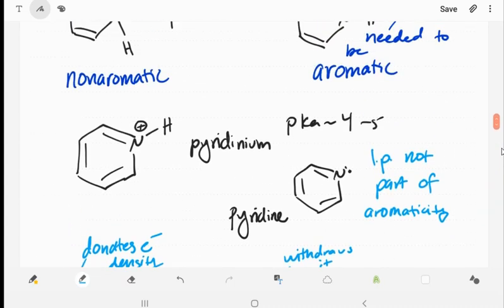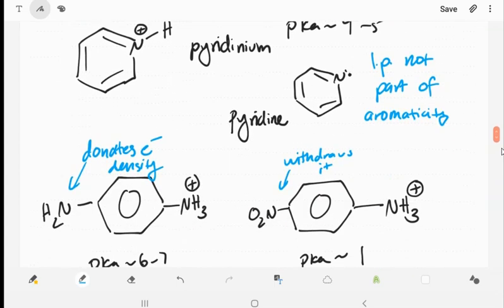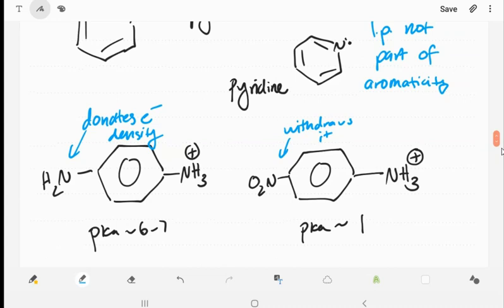Pyrrole is kind of a special case because you need that lone pair to be aromatic, so it's not going to be basic at all. But some of these other ones, like pyridine, go right ahead, use it as a base. And then, of course, we have substituent effects. So some kind of induction things happening here, but it's more about the resonance, so where we can push the resonance to.